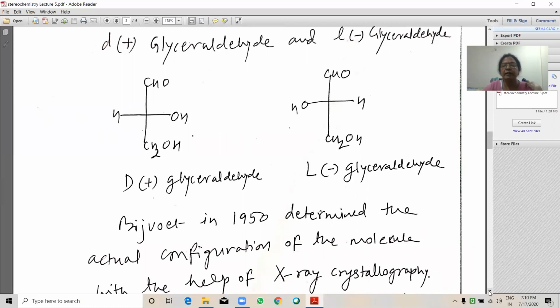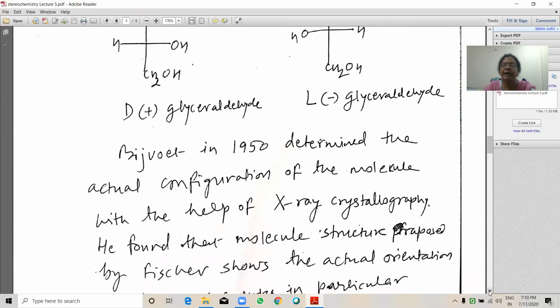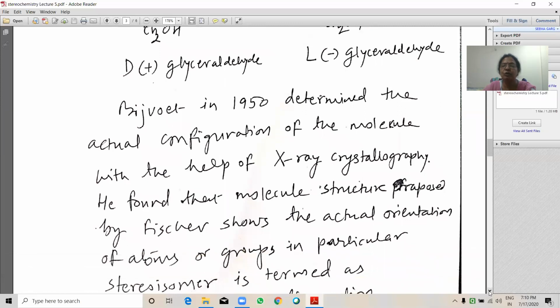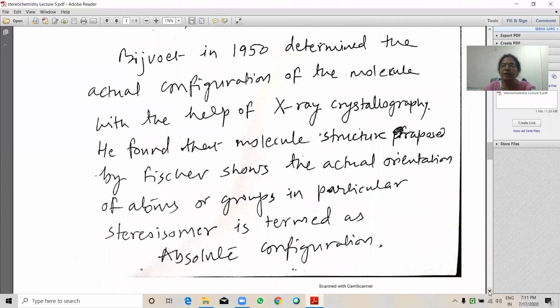Bijvoet in 1950 determined the actual configuration of the molecule with the help of X-ray crystallography. He found that the molecular structure proposed by Fischer shows the actual orientation of atoms or groups in a particular stereoisomer, which is termed absolute configuration.